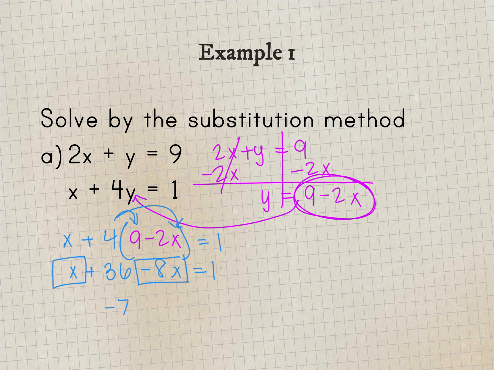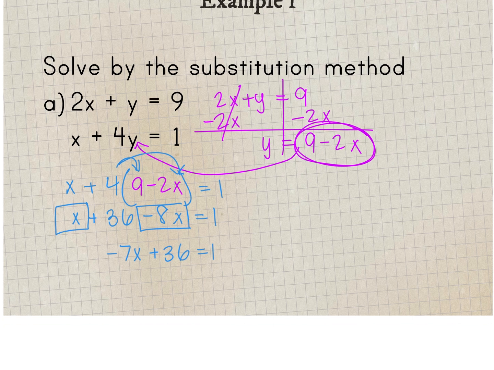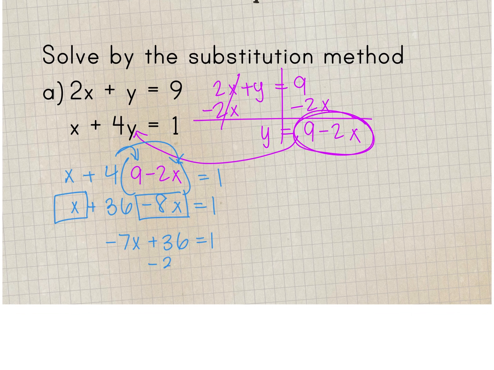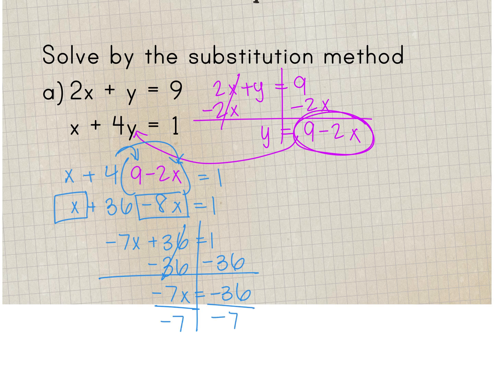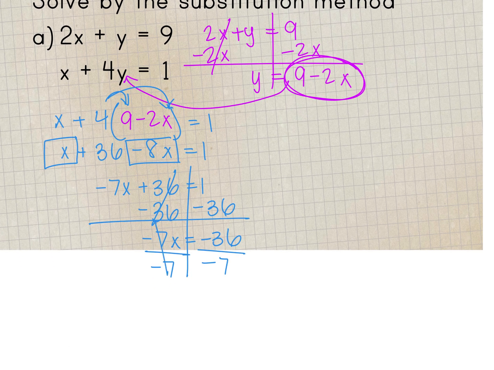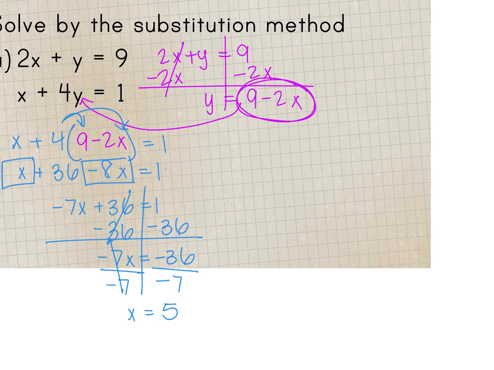I'm going to have -7x plus 36 equals 1. I'm going to subtract 36 from both sides of my equal sign. I'm going to have -7x equals -36, and then divide both sides by -7. If you divide it correctly, x equals 5. So I solved for x.